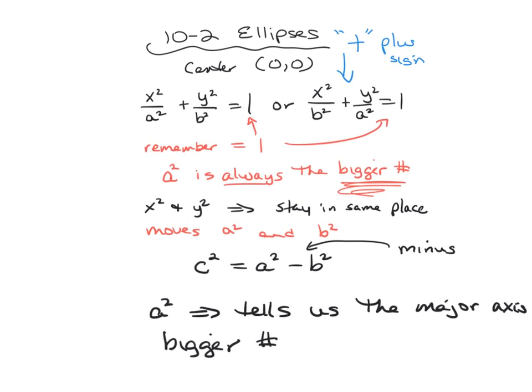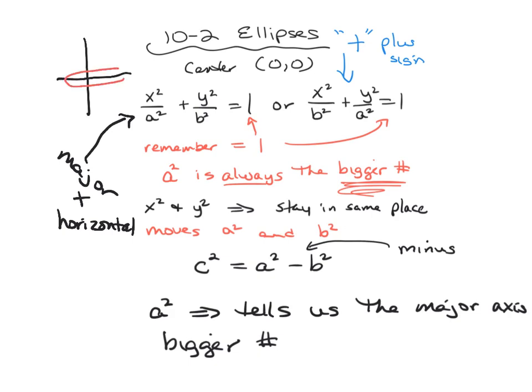So up here, see my a squared, which is always the bigger number. My major axis for this one is going to be the x-axis, or you could also say that it's horizontal. So when I go to graph my ellipse, it would be longer this way. The b squared tells me my minor axis.